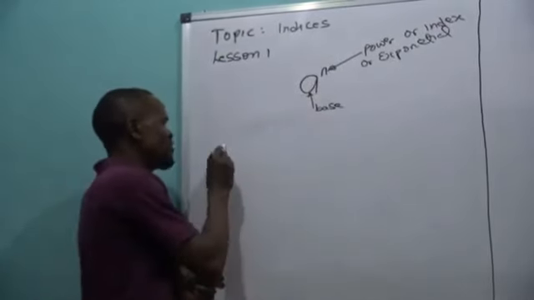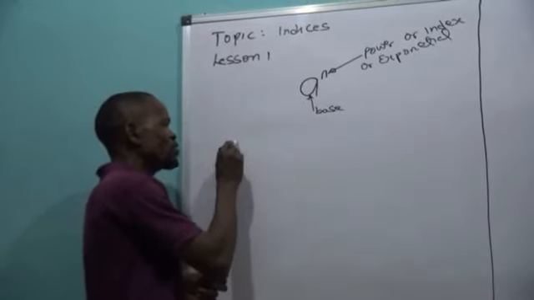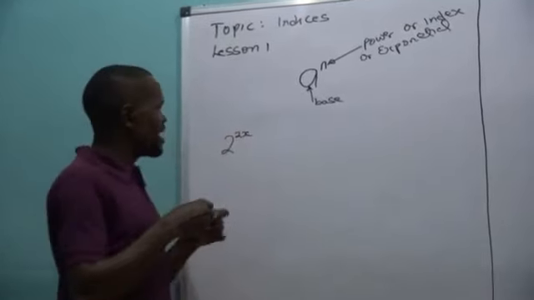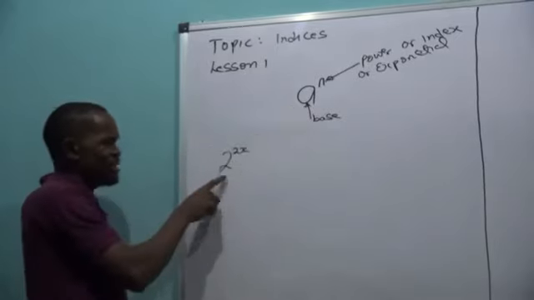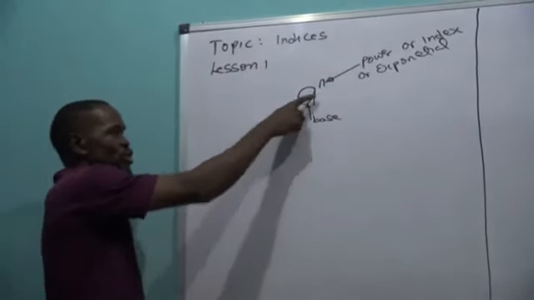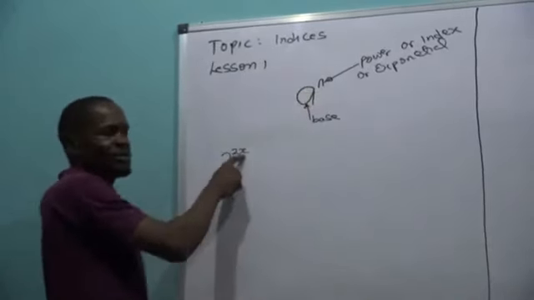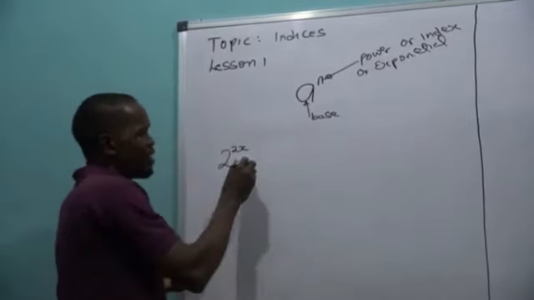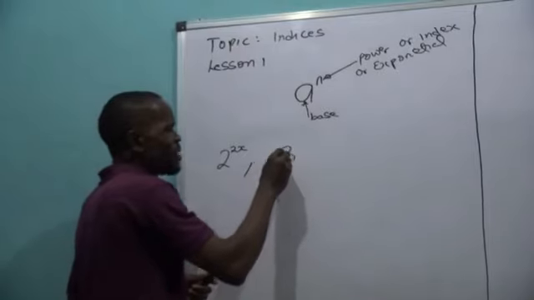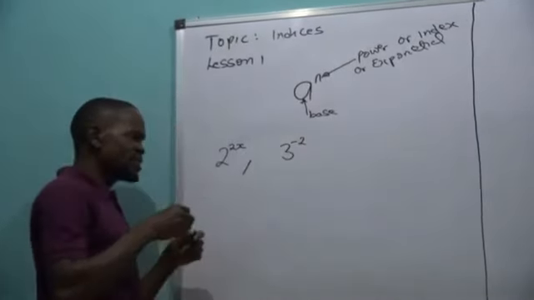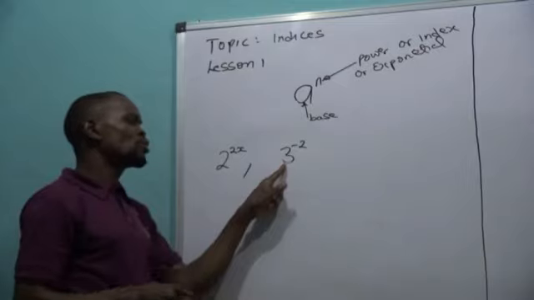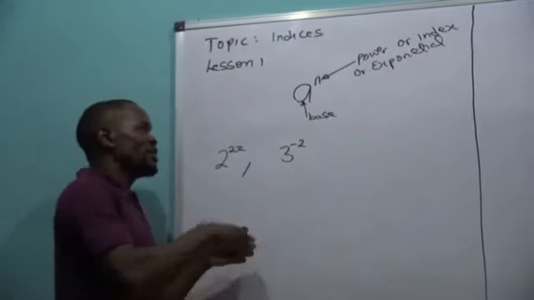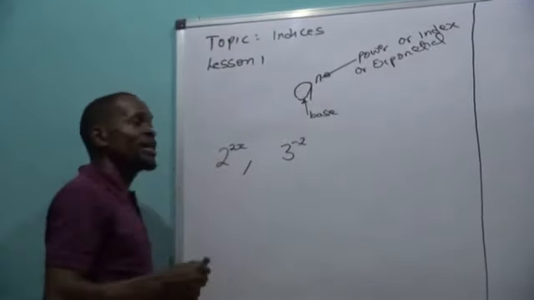For instance, if I have 2 raised to power 2x, the base is 2, and 2x is what I know as the power of this 2. Another example: if I have 3 raised to power -2, the base is 3 and the power is -2.